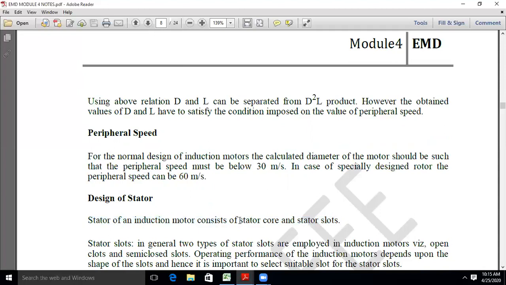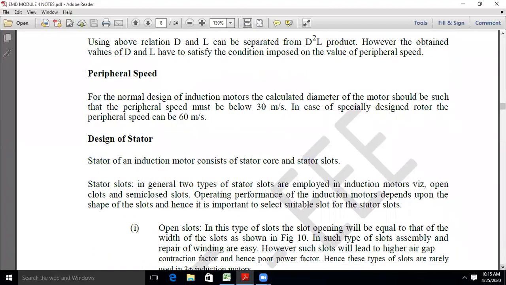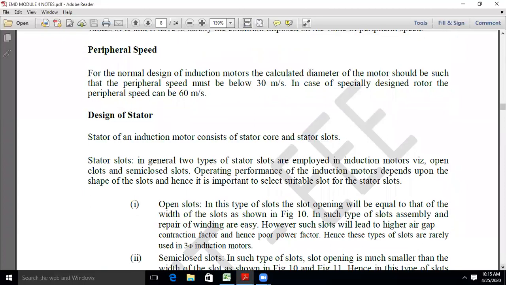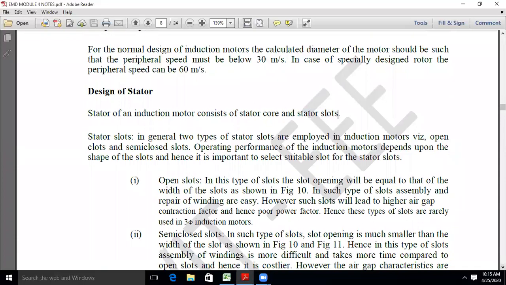In general, there are two types of stator slots employed in induction motors: the open type slot and the semi-closed type slot.